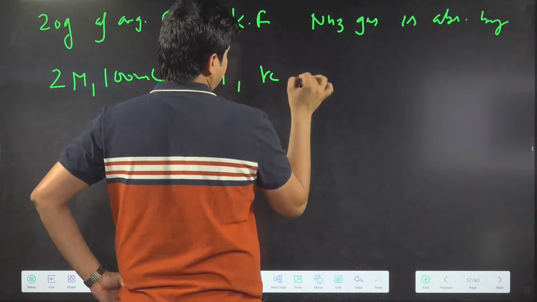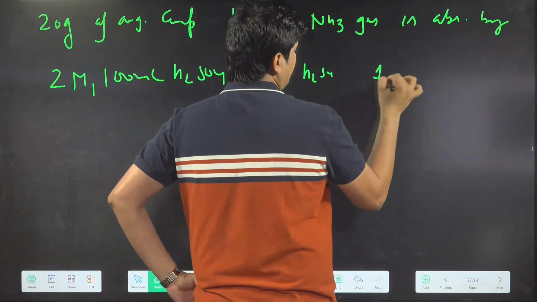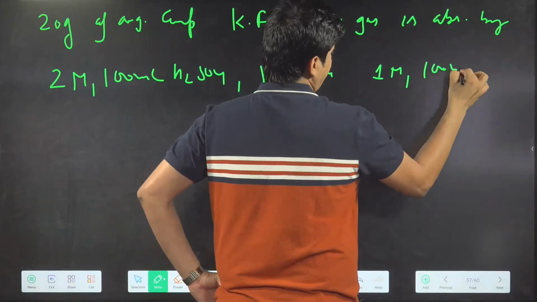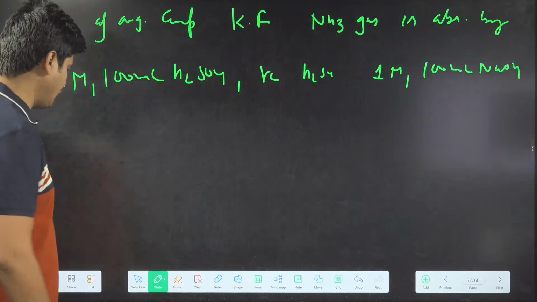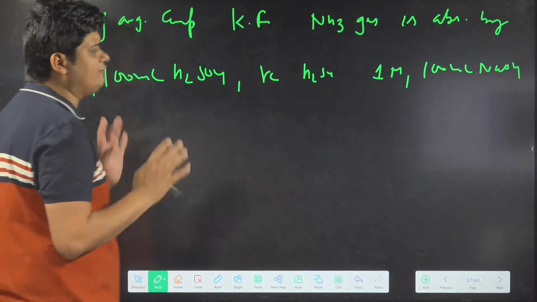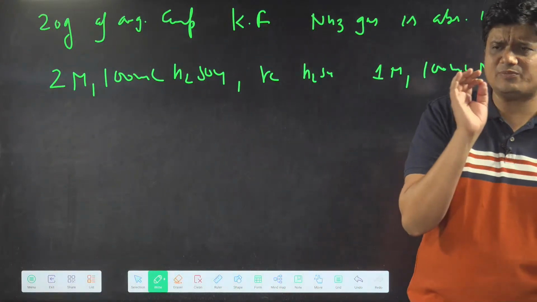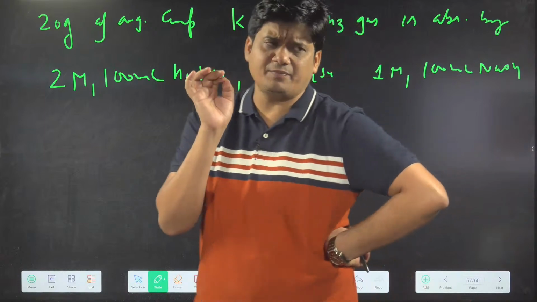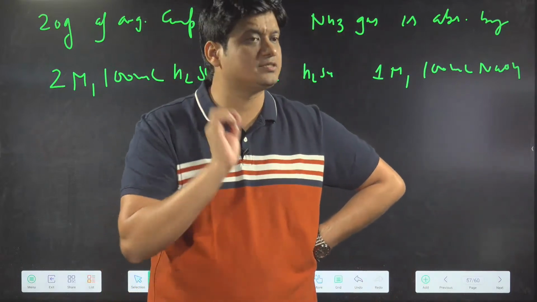The remaining sulfuric acid is neutralized by, let's say, 1 molar 100 ml NaOH. We have to find the percentage of nitrogen. If you observe carefully, you can solve the question without any formula, just by balancing the reaction and the basics of mole concept.